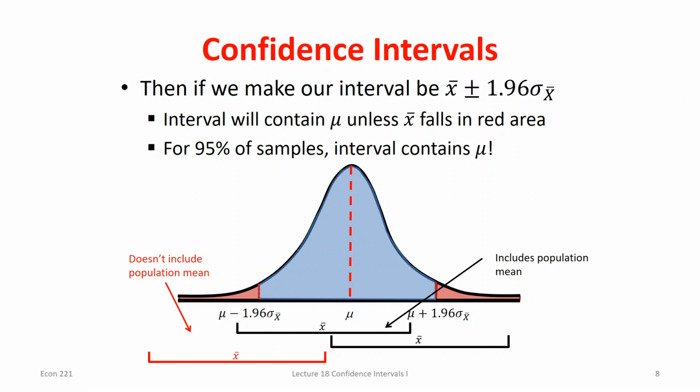That's why I can say with 95% confidence, based on the sample mean I saw, that 95% of the time that confidence interval would include the population mean. I'd be wrong 5% of the time, but that's why I can't say it with 100% confidence.